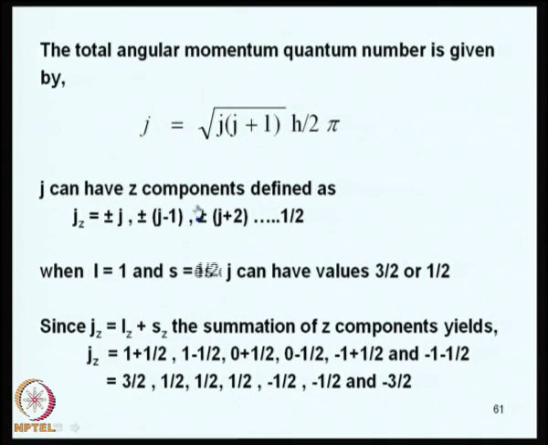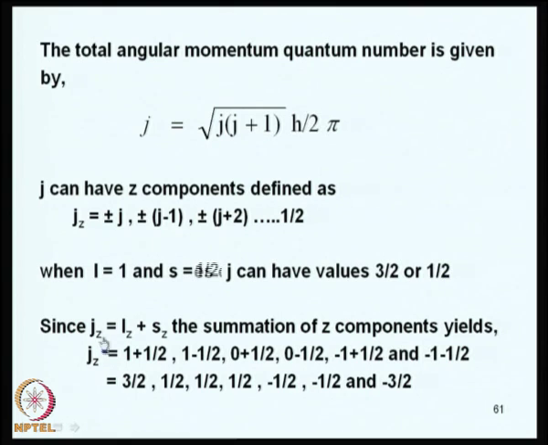So, J can have Z components defined as plus or minus J, plus or minus J minus 1, J minus 2, like that up to J half. So, when L is equal to 1 and S is equal to half, J can have values 1 plus 1 by 2, that is 3 by 2, or 1 minus 1 by 2, that is 1 by 2.